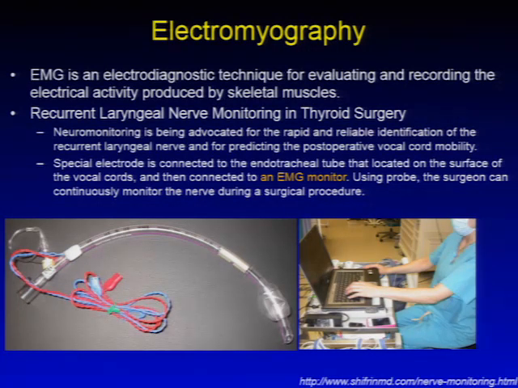Every time the ENT surgeon is adjacent to the recurrent laryngeal nerve during the dissection of the thyroid gland, the technician can warn the surgical team they are adjacent to the recurrent laryngeal nerve. That can be detected with the activity of the vocal cord through the electromyography.